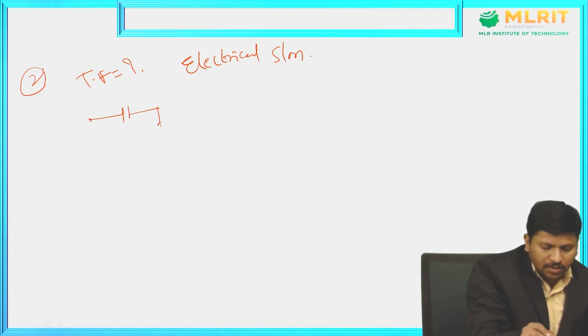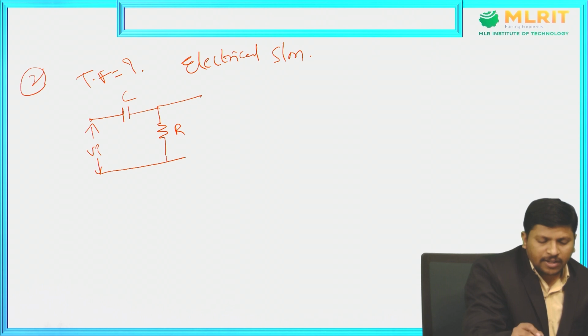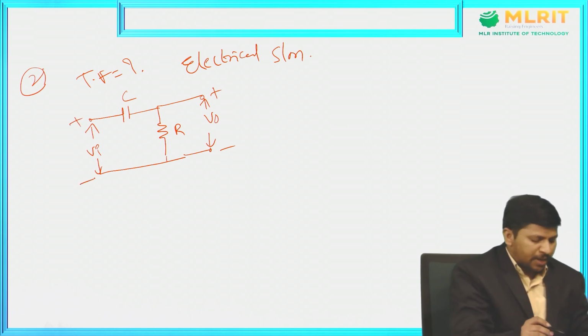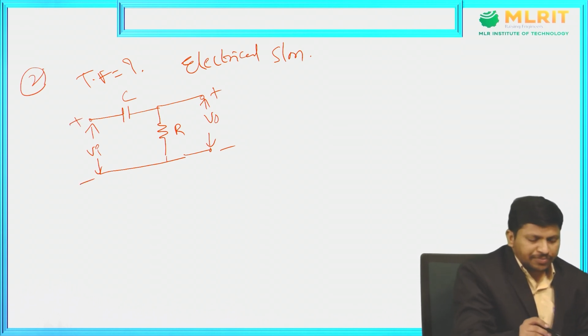Capacitor and resistor, input voltage, and here output voltage, plus minus and plus minus, some current flowing through this.